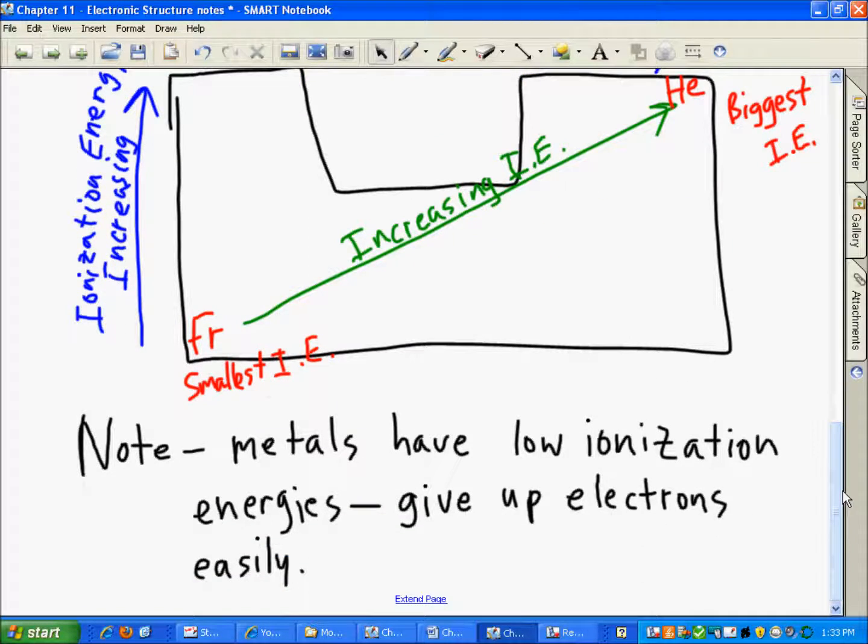So what that means is metals tend to give up their electrons easily. And that's why metals tend to form positively charged ions, because they don't hold on to electrons strongly, they give them up very easily. Whereas nonmetals, which are in the top right of the periodic table, don't like to give up their electrons, and they'd rather gain electrons when they form ions. So that helps us to understand ion formation a little bit.